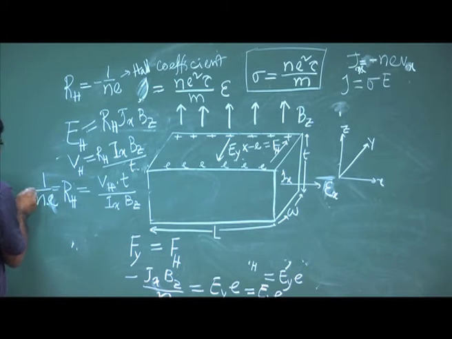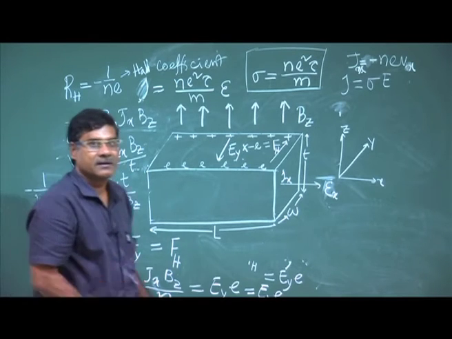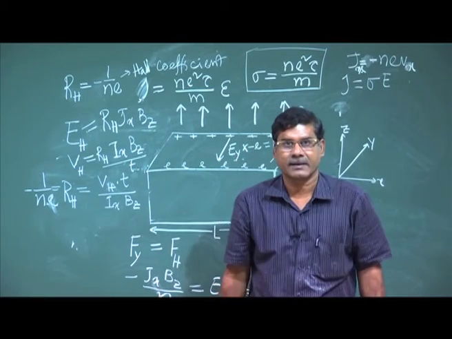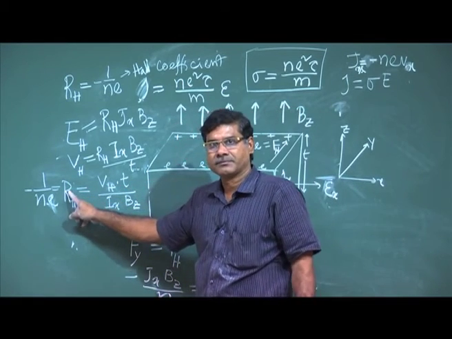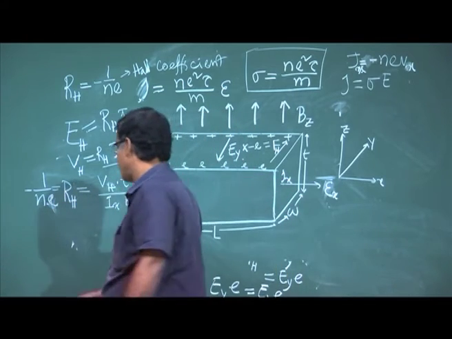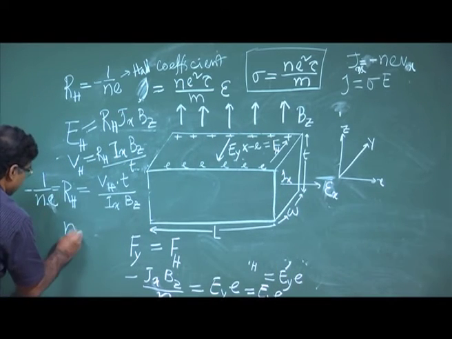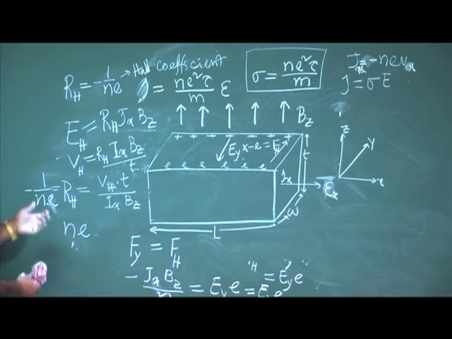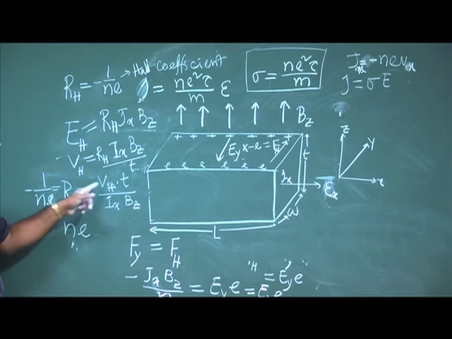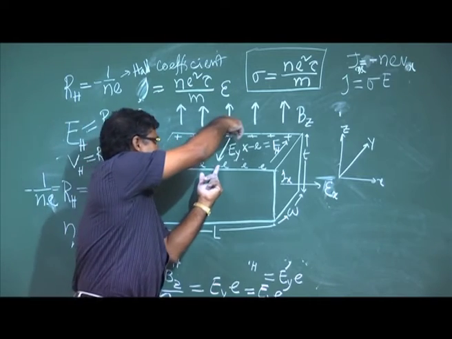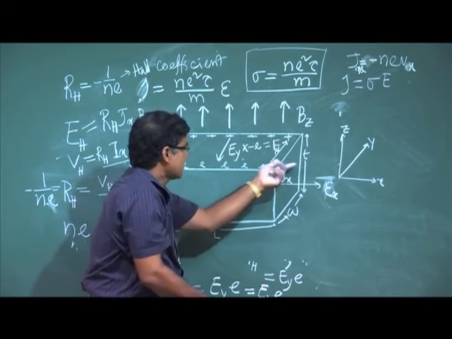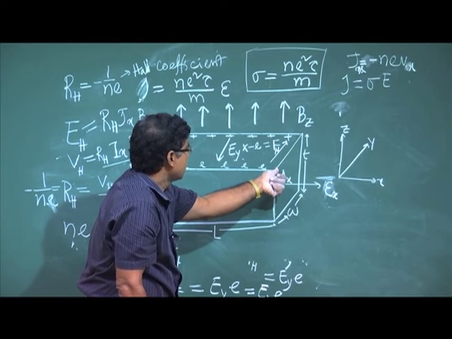So, the negative sign is there, right. So, from here I know the R h value, and from here I can find out n. This negative sign is basically taken care of by the V h.